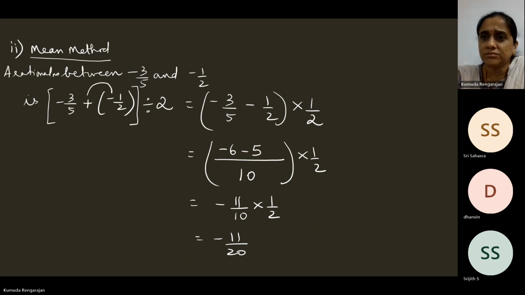That's what averages mean. The average method is the mean method. This is the idea. Add the two numbers, divide by 2.